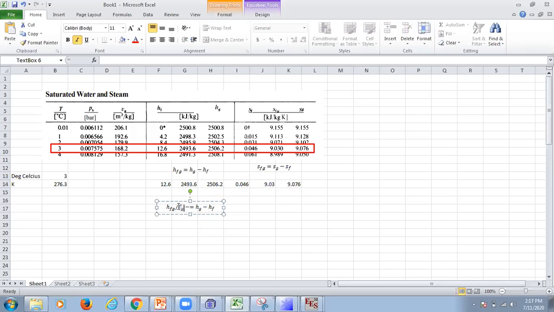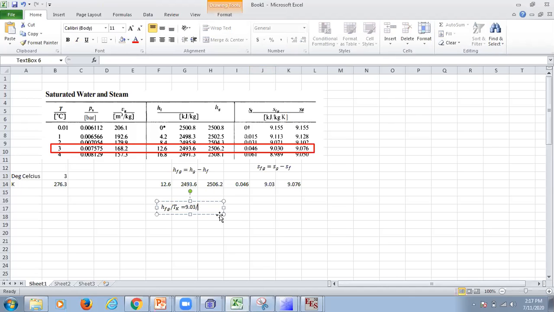Let's see what this is. hfg divided by T in kelvins equals 9.03 divided by 276.3.